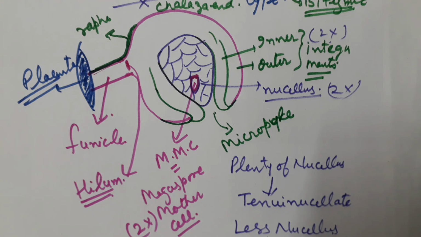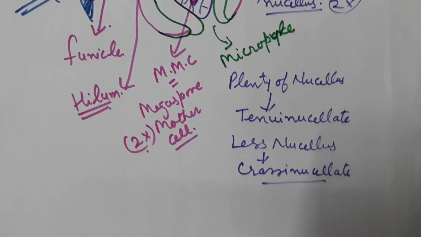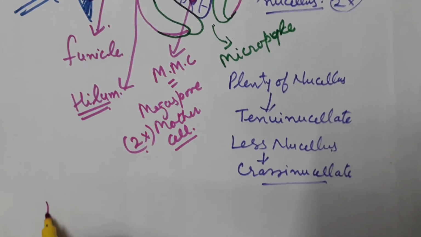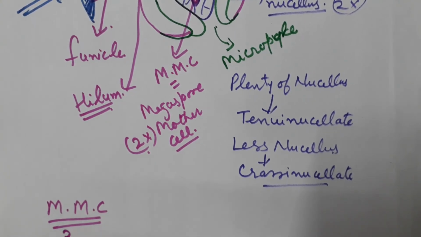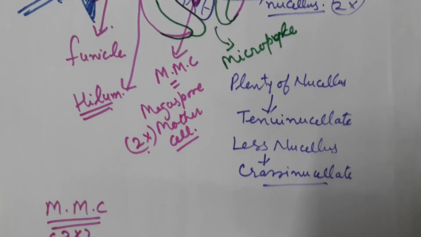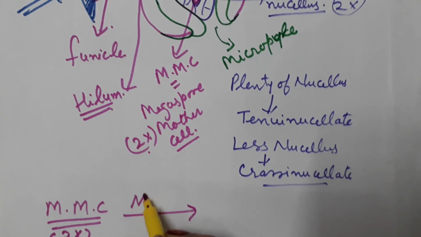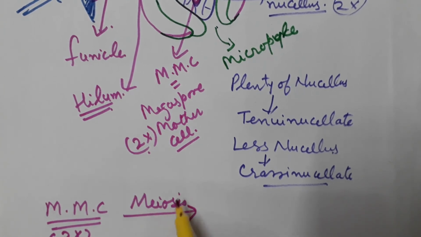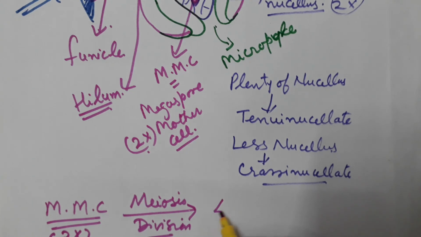How does the development of megaspores take place from this megaspore mother cell? In the megaspore mother cell, the ploidy level is 2x. Meiosis division takes place, which is the reductional division, and 4 haploid megaspores are produced.